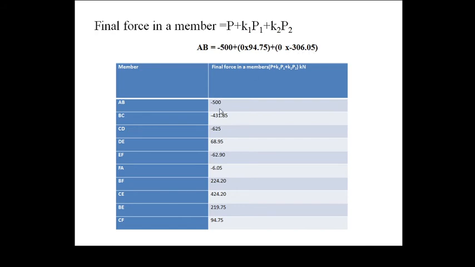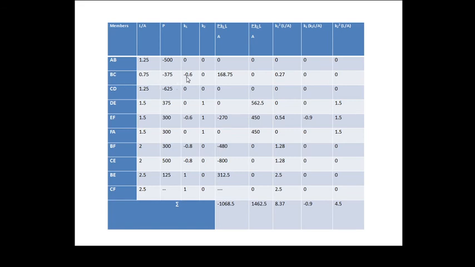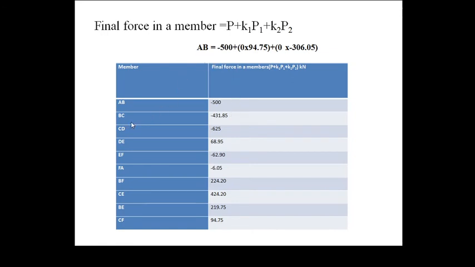You observe this table: for member AB, 500 is coming, and multiplying by 0 we do not get any value. Similarly, for member BC, minus 375 plus 0 into P1 plus 0.6 into 306.05, that is minus 375 plus 0.6 into 306.05, which gives minus 431.85.